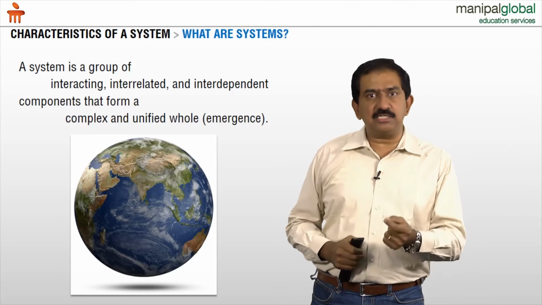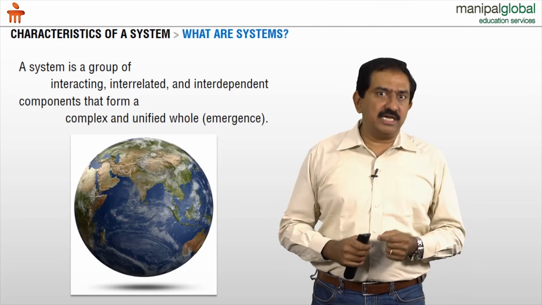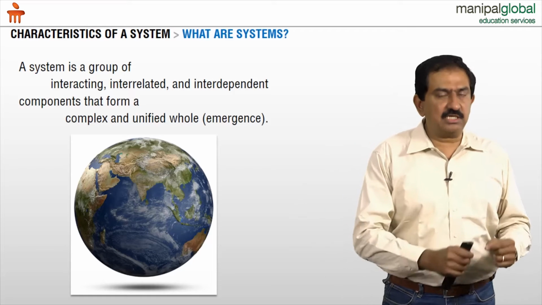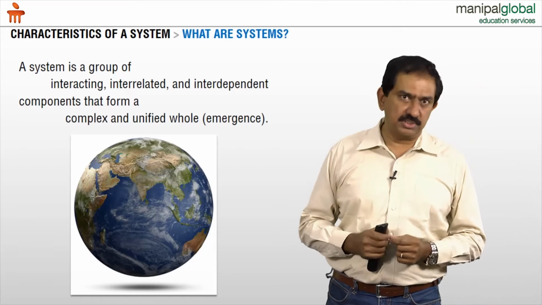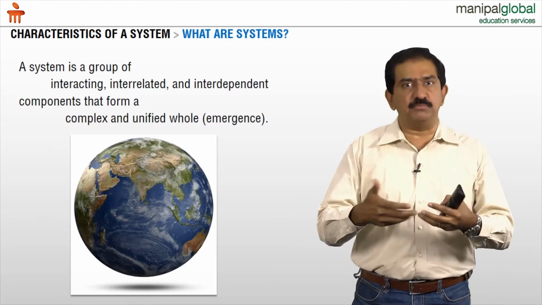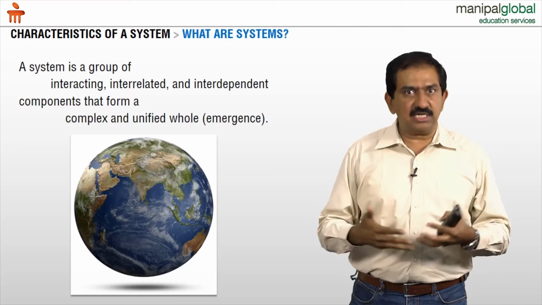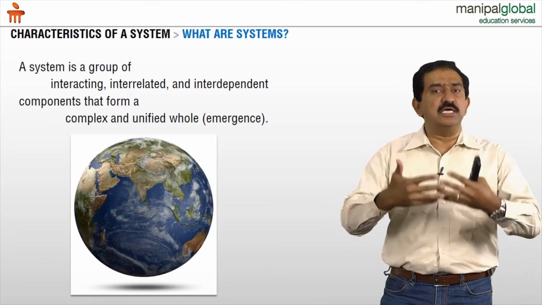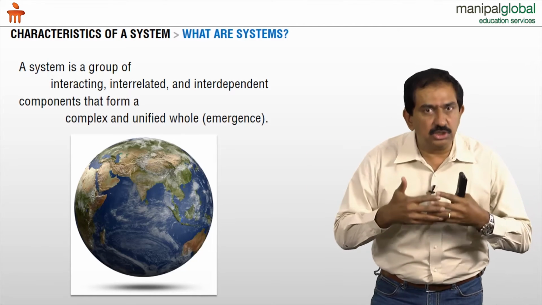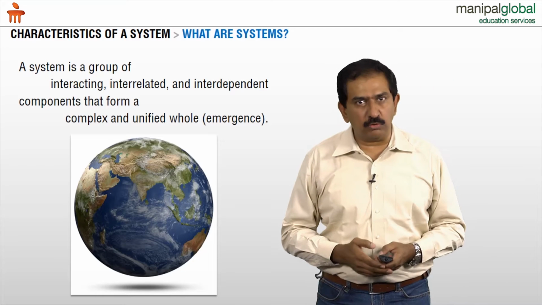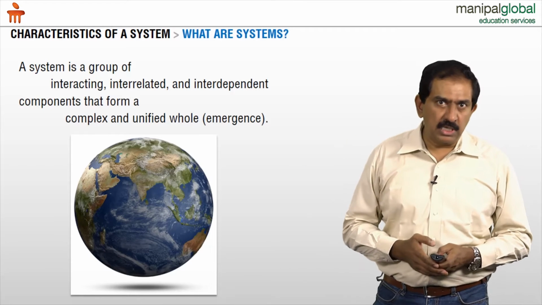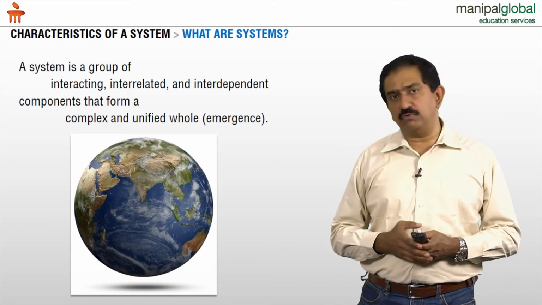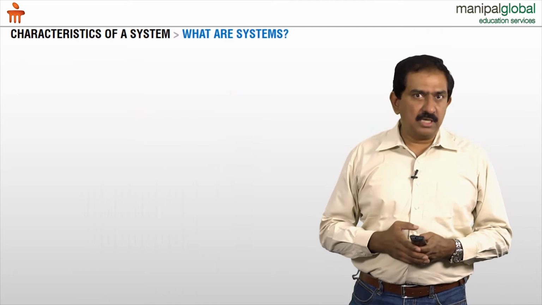Emergence is the characteristic of the system that is different from the characteristics of each of the subsystems. And until these subsystems come together, interact, and are interrelated and interdependent, you do not get the emergent quality of the overall system. This is the formal definition of the word system.